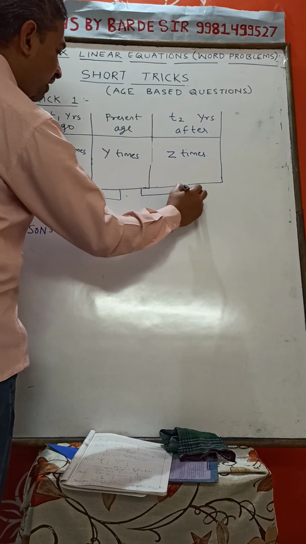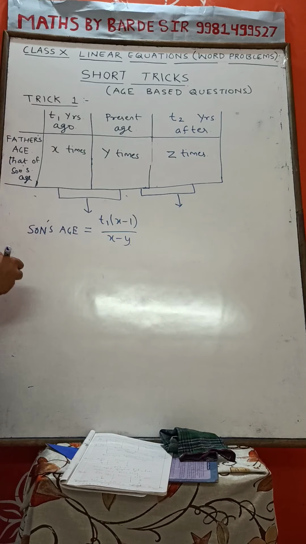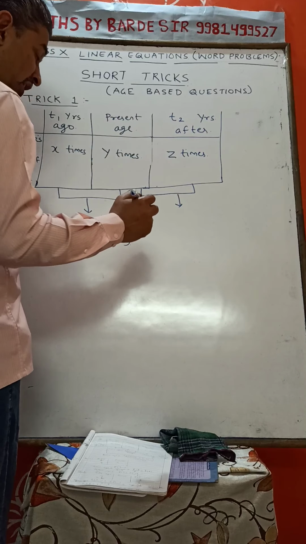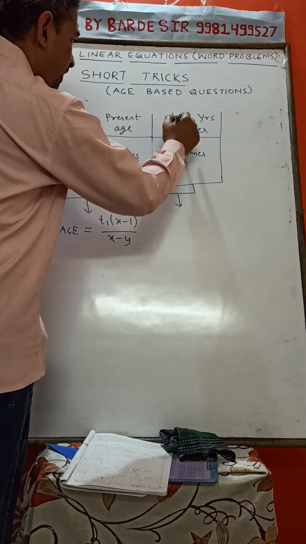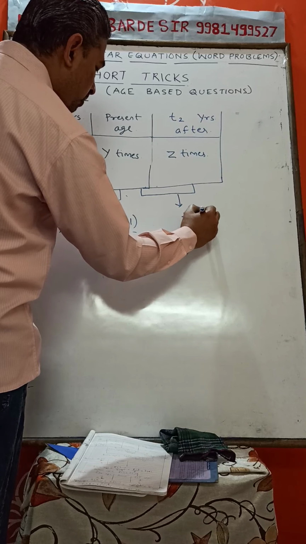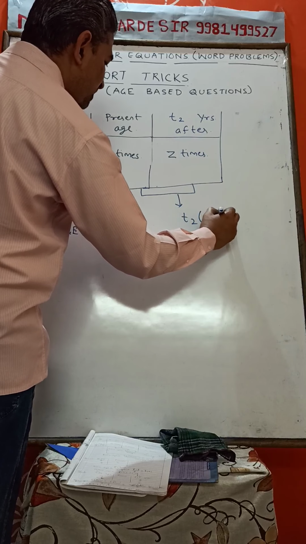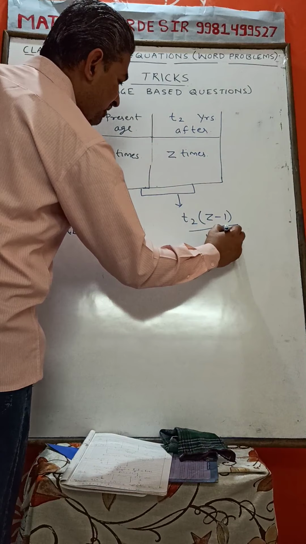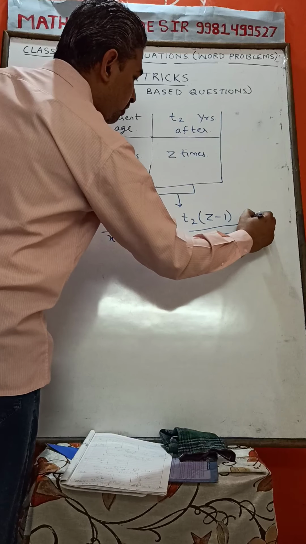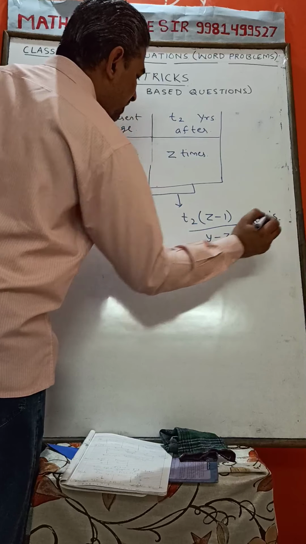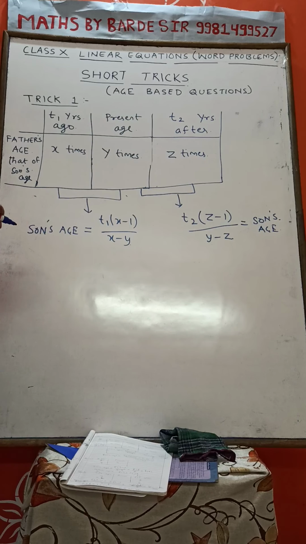Now if we are given this situation, then the formula becomes, with T2 years after, son's age will be T2 into Z minus 1 upon y minus z. This will give you son's present age: T2 into Z minus 1 upon y minus z.